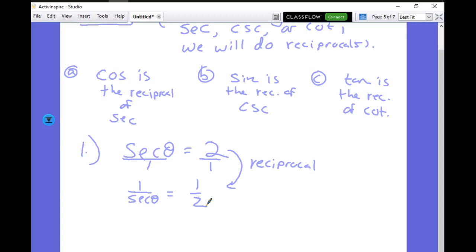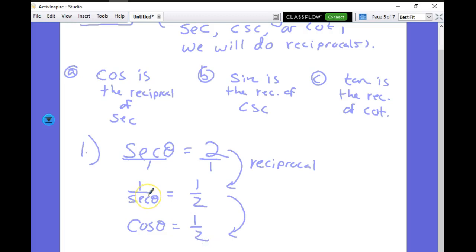Now, why would I do that? Well, check this out. This is the reciprocal of secant, right? What is the reciprocal of secant? Cosine. Cosine is the reciprocal of secant.